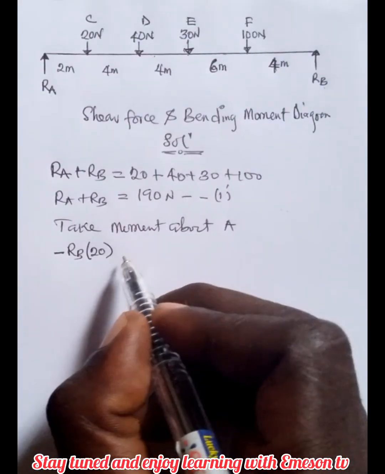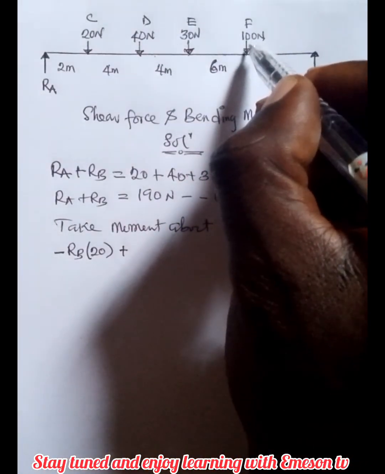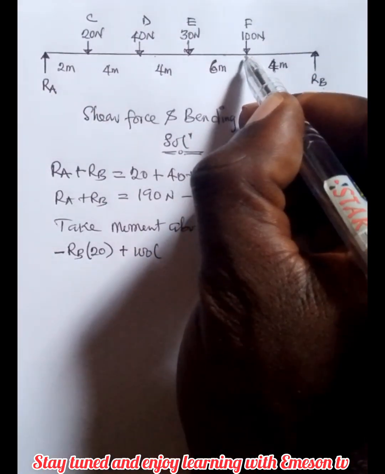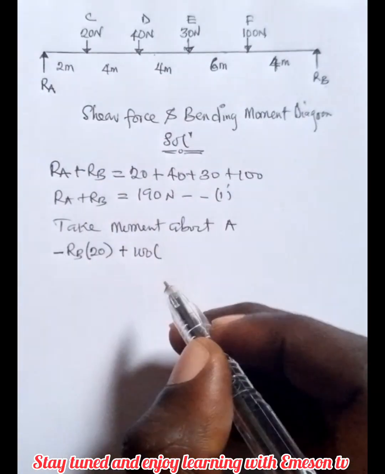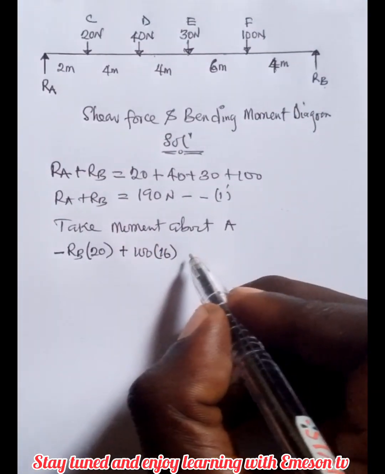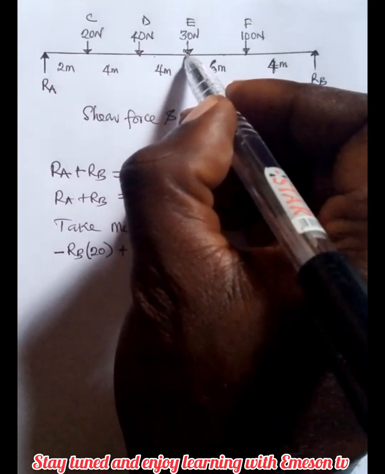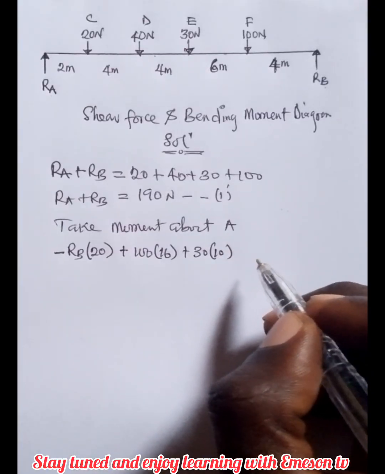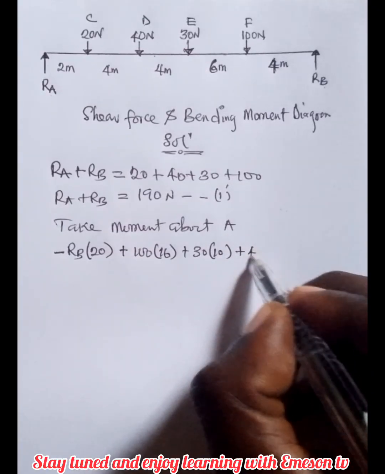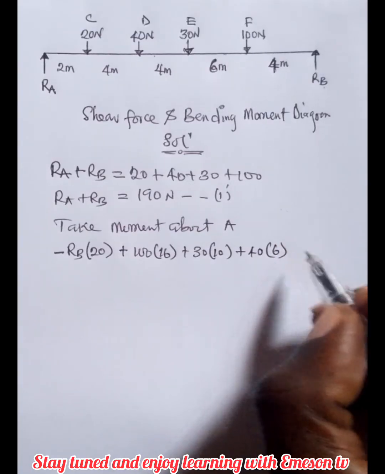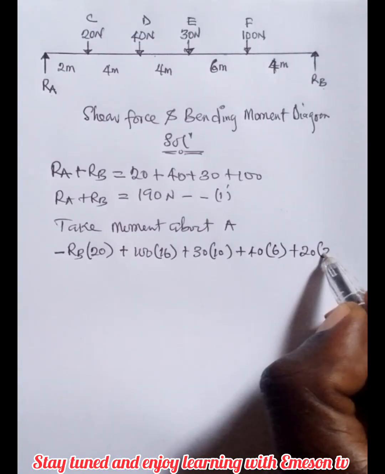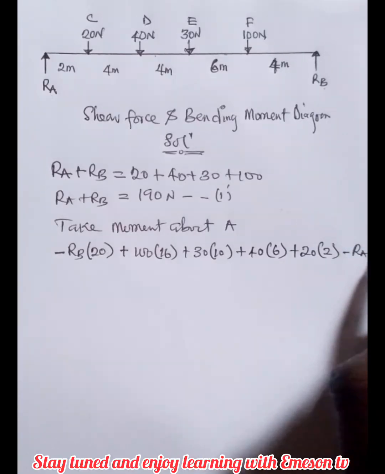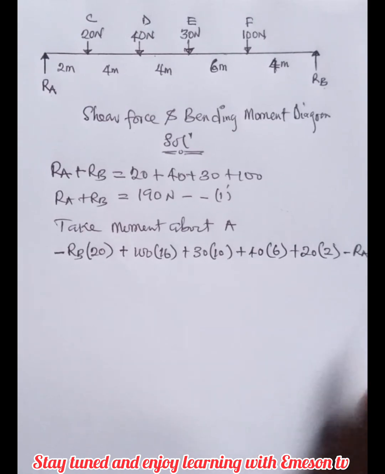Let's come to this point, plus, because this 100 Newton will act in this direction, plus 100 multiplied by the distance from this point to this point, which is 16, plus 30 multiplied by distance from here to here, which is what? 10, plus 40 multiplied by 6 plus 20 multiplied by 2. So R_A multiplied by 0. So all this is equals to 0.